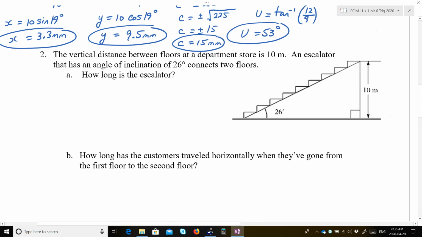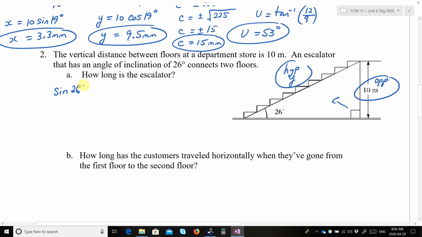The vertical distance between floors at a department store is 10 meters, as shown in the diagram. An escalator that has an angle of inclination of 26 degrees connects the two floors. How long is the escalator? So we are looking for this length here. Across from the 26 is the opposite. Across from the 90 is the hypotenuse. So we have the opposite, and we're looking for the hypotenuse. Opposite and hypotenuse comes from sine.